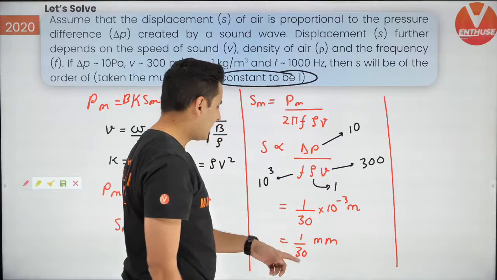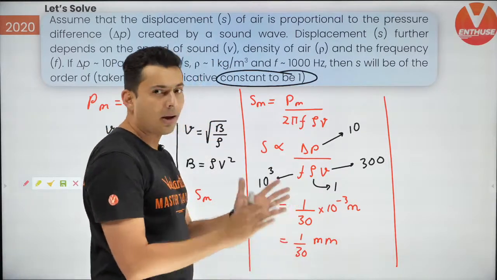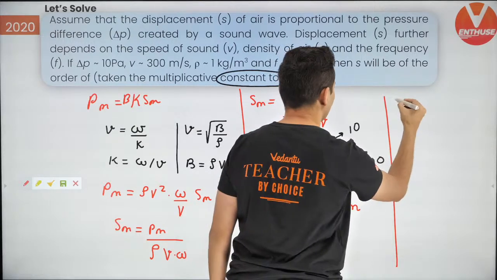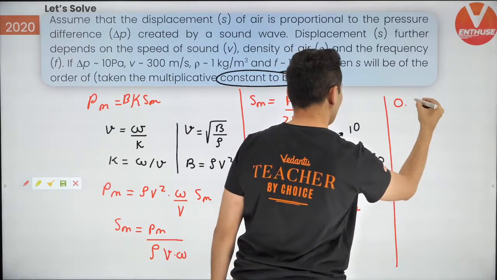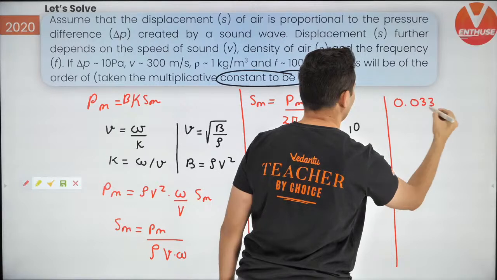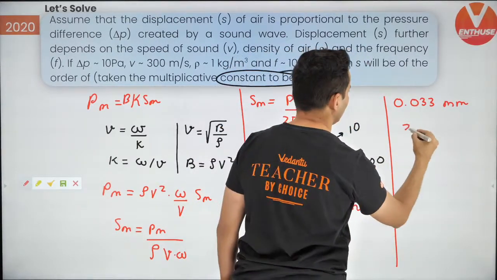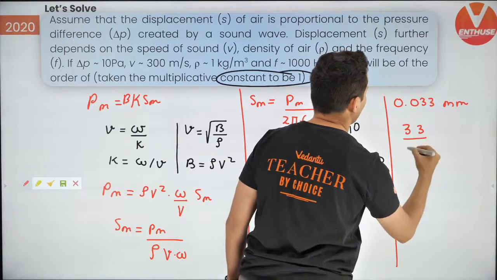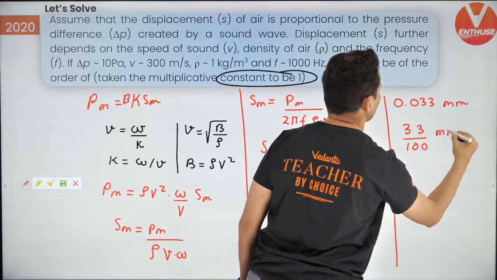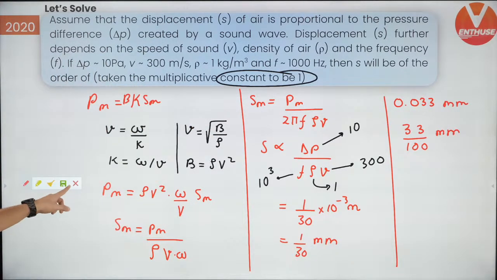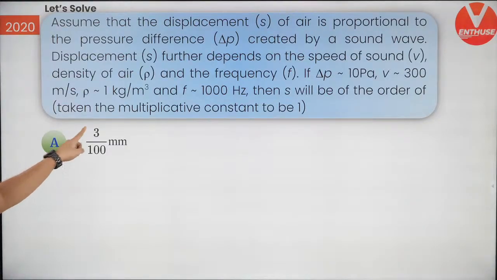But this can be further simplified, guys, because I want to get it in the form of the options. So this will be nothing but 0.033 millimeters. So that's the answer, guys. I hope this is clear.